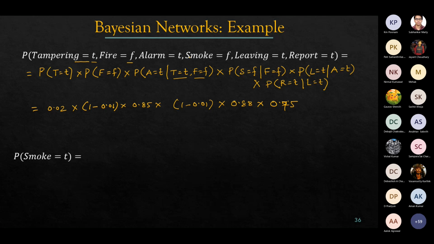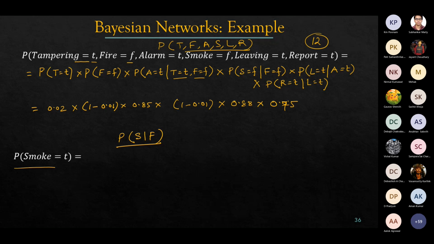So if we can do that, we can fully specify this probability of tampering, fire, alarm, smoke, leaving, report. So our job is done with a lesser number of assignments, of course. Now, can we compute the probability of smoke to be true? In order to do that, we know that we have a conditional, right? So probability of smoke given fire is the probability that we have specified, but we haven't specified this.